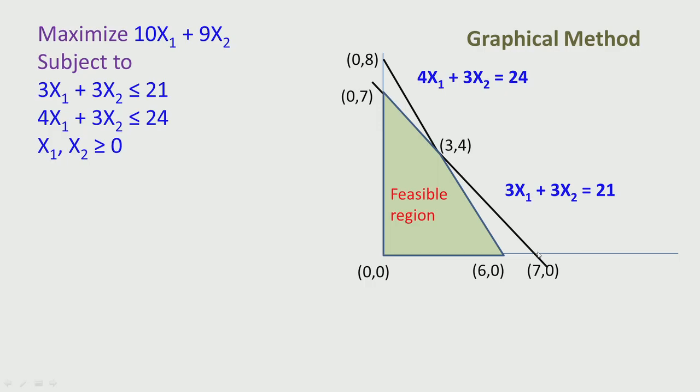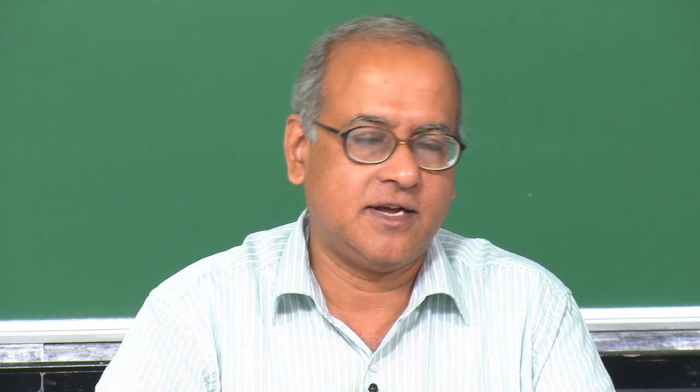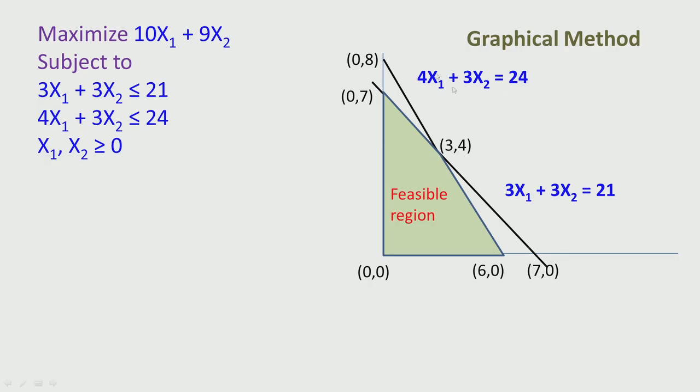So, any point which violates even one constraint and does not satisfy even one constraint is called infeasible. So, (7, 0) is infeasible. Now, (0, 8) satisfies the second constraint, but violates the first constraint. Therefore, (0, 8) is infeasible.